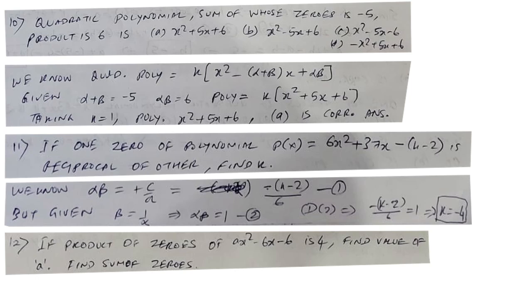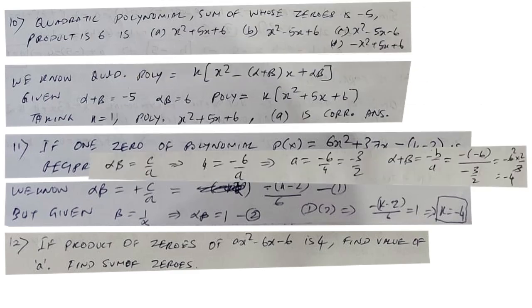If the product of zeros of ax squared minus 6x minus 6 is 4, find the value of a, find the sum of zeros. Okay, so the roots product he is saying is 4. So whenever you are asked about the product of the roots, you should immediately write down the formula alpha into beta is equal to c by a.